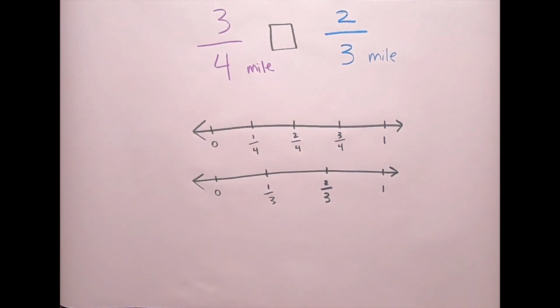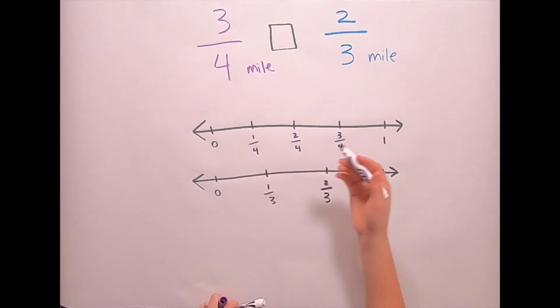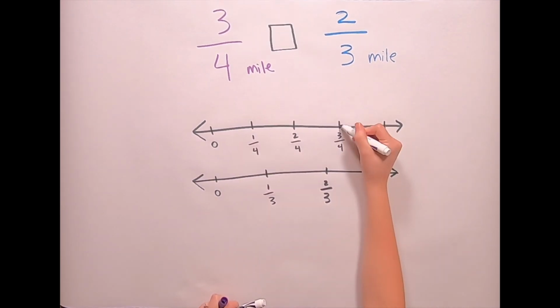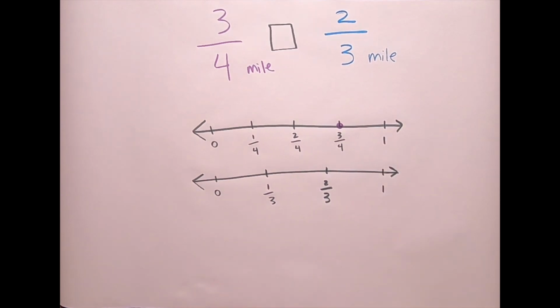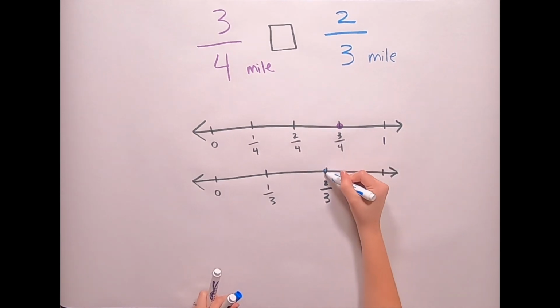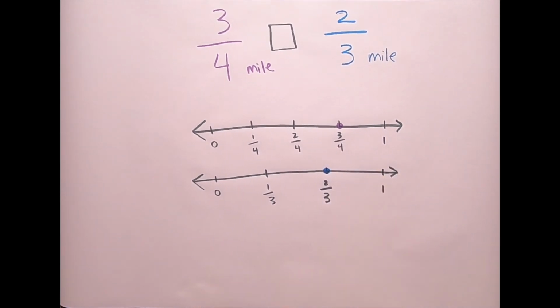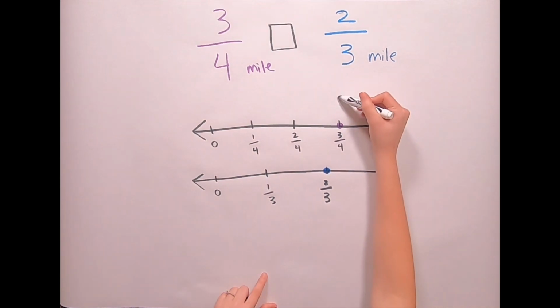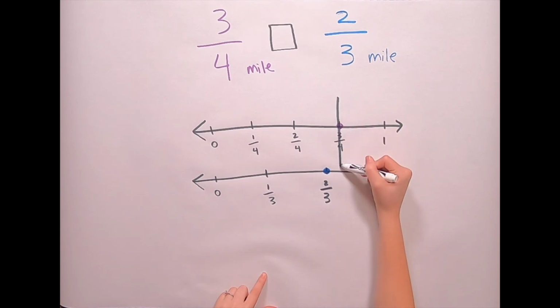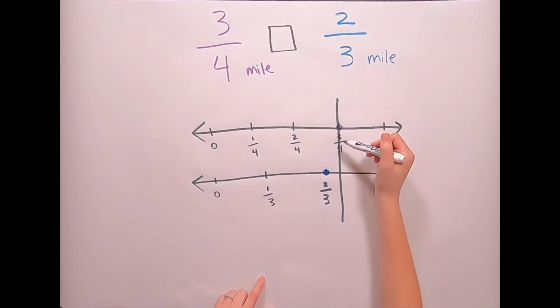So I'm going to put a dot on the fraction of a mile that my sister ran, which we said is 3/4. And I'm going to put another dot on the fraction of a mile that I ran, which is 2/3. Now we'll go ahead and take our pencils and draw a line right here through the fraction that my sister ran.